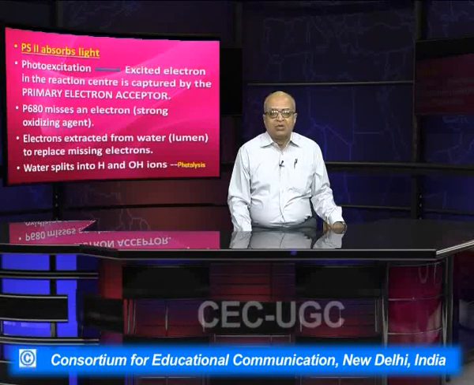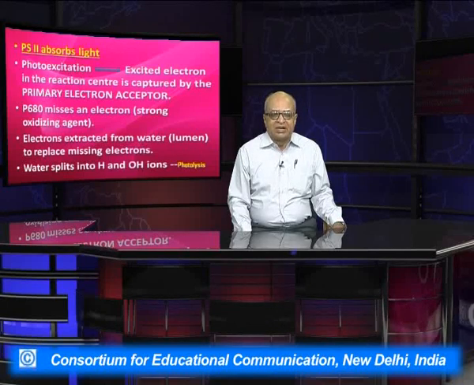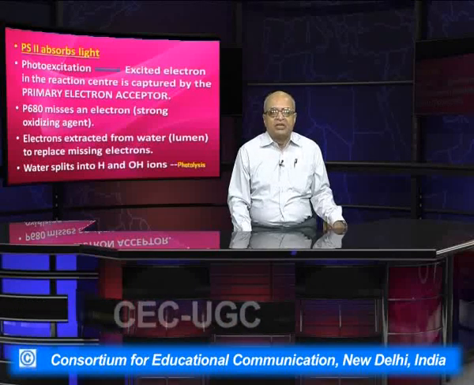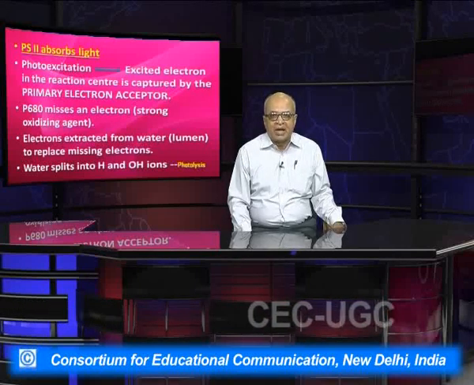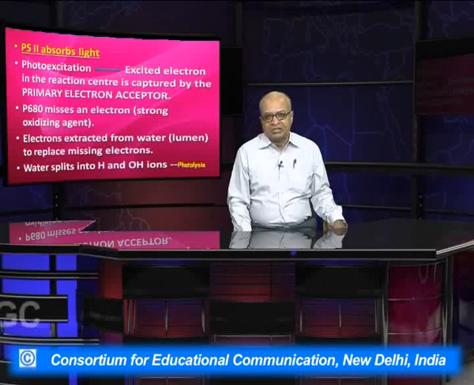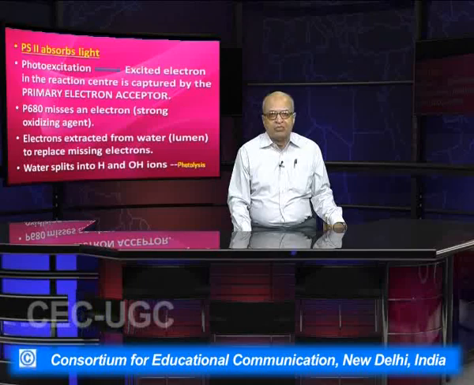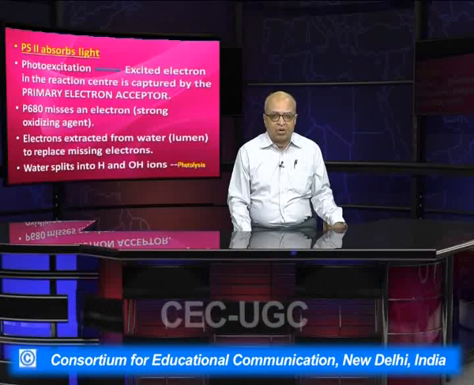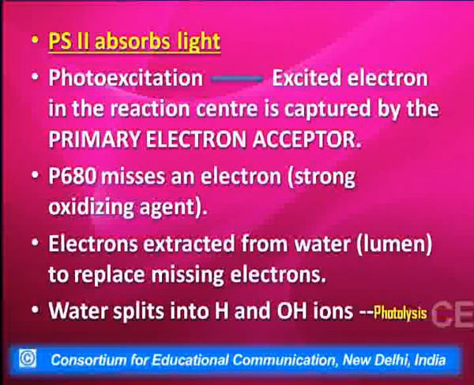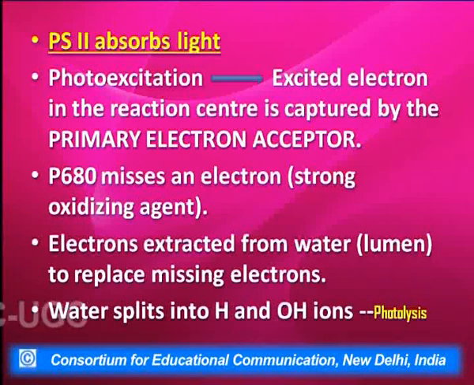Once the chlorophyll has its photoexcited electrons, they are going to leave the chlorophyll molecule, leaving a gap in the chlorophyll molecule. Who is going to compensate? It is the water molecules which are now going to compensate by splitting into H and OH ions, and this is precisely what Hill called the photolysis of water.